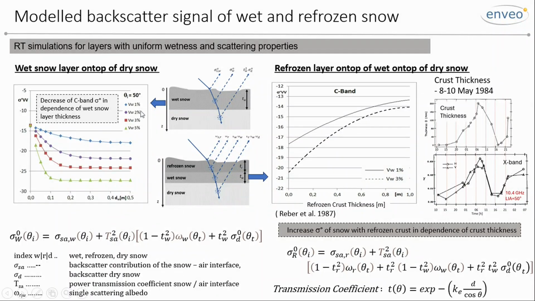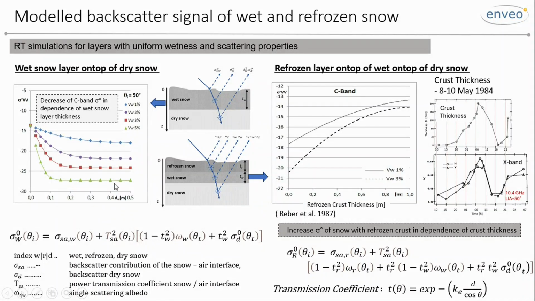When I increase this to 2, 3, or even 5%, so this is already getting more and more wet, we see in principle I have a dramatic decrease. So after 5, 6 centimeters of 5% of liquid water content, even if it's below dry, we have a dramatic decrease to this. Afterwards, if this gets thicker and thicker, it's already saturated. So it doesn't matter anymore.